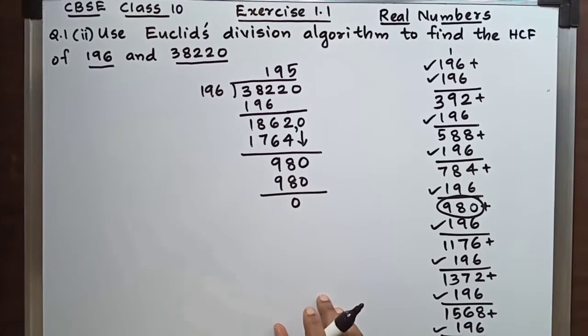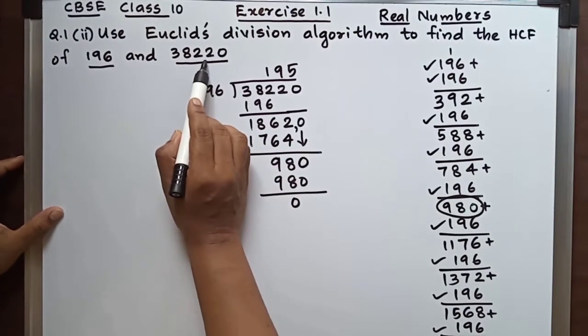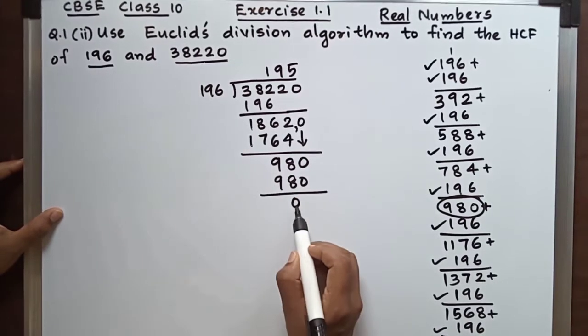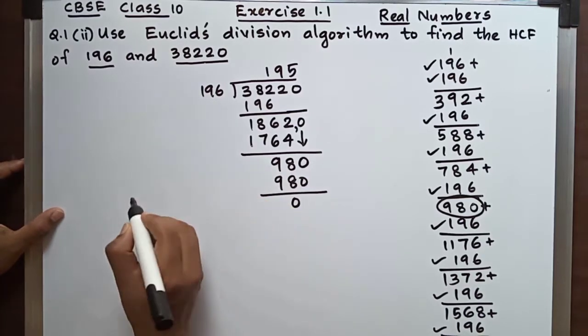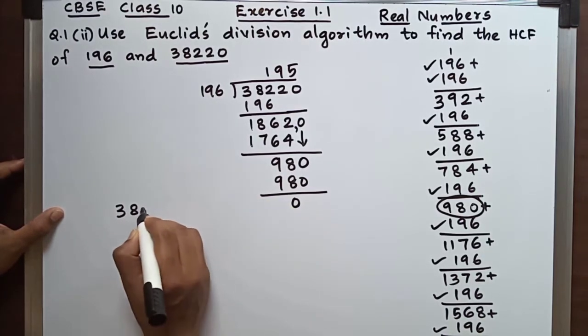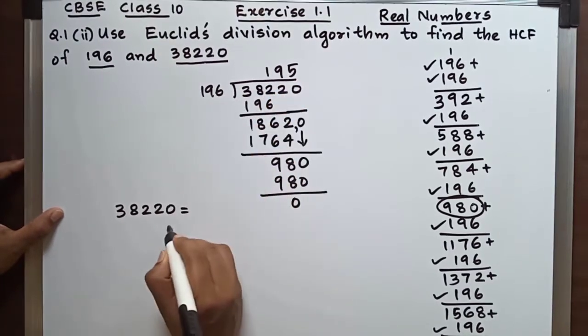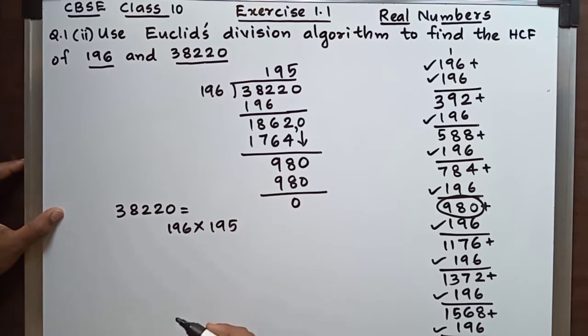We are calculating the HCF. See, here when this bigger number was divided by this one, we got 0 as the remainder. What does that mean? 38220 is equal to 196 into 195.